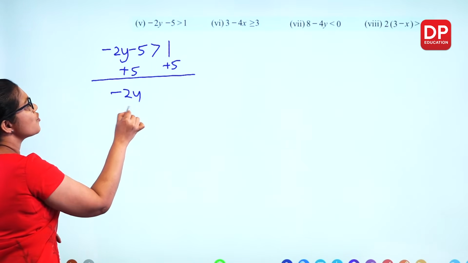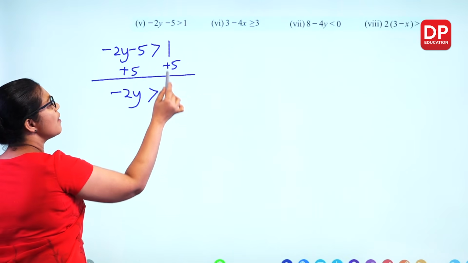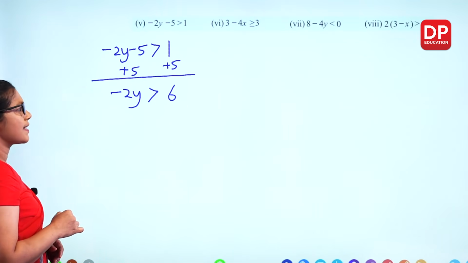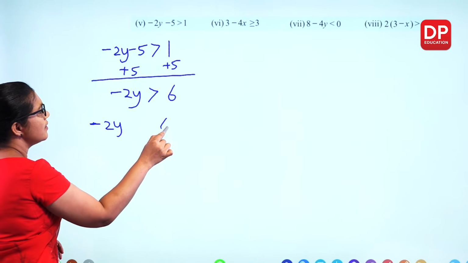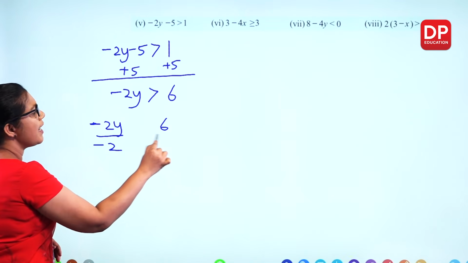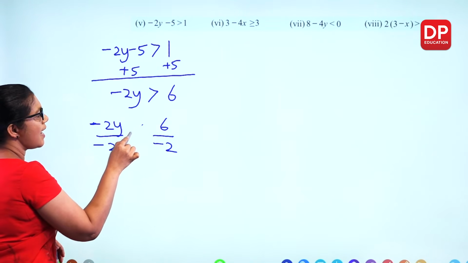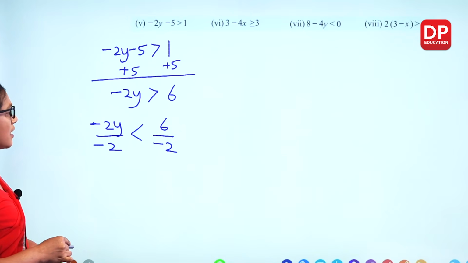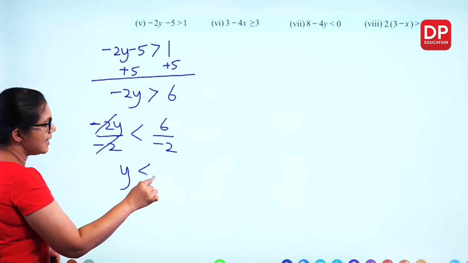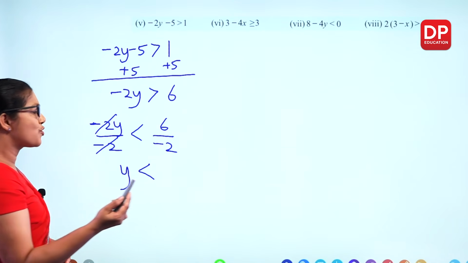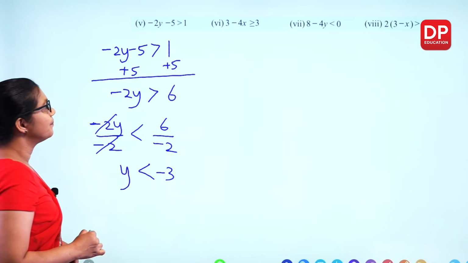You get minus 2y is greater than 1 plus 5, which becomes 6. Again, here it's a negative value. When you are dividing by negative 2, the sign is changing. So what happens here? You get y is less than 6 divided by minus 2, which is minus 3.